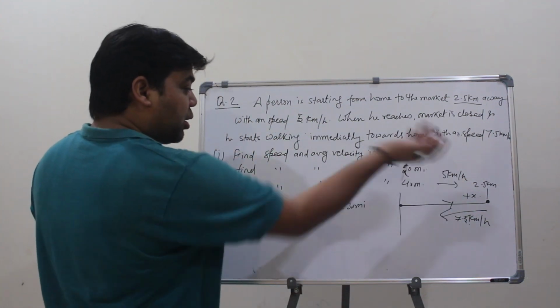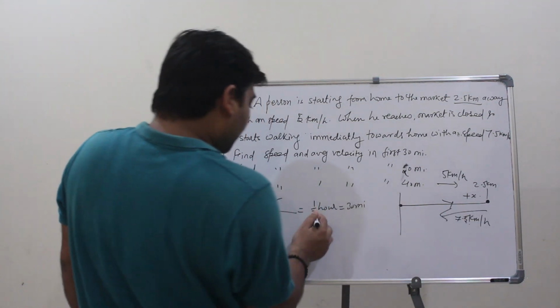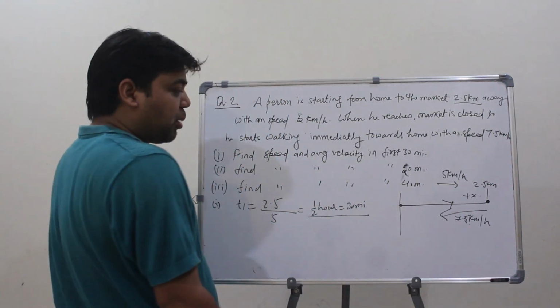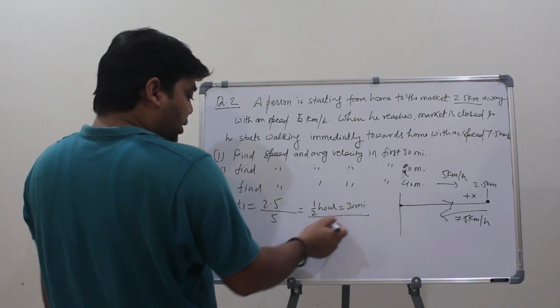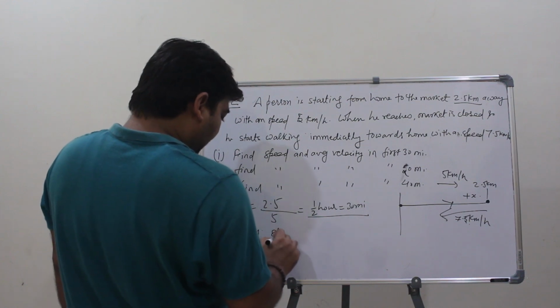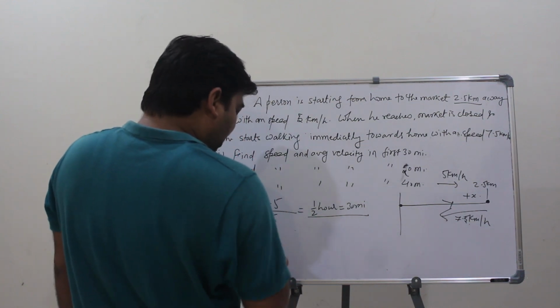Now let us go to the back. So this is the first 30 minutes. In first 30 minutes only the person reaches up to the market. So what is the average speed? Average velocity first, then mod of it.